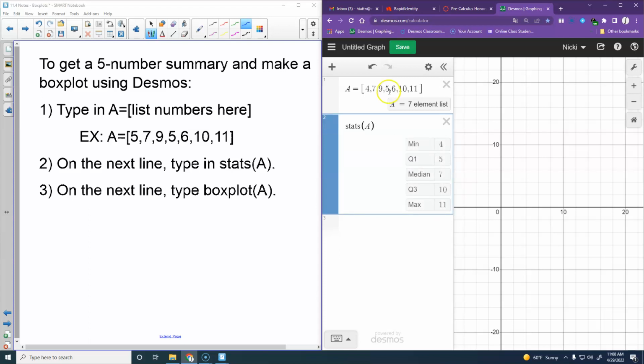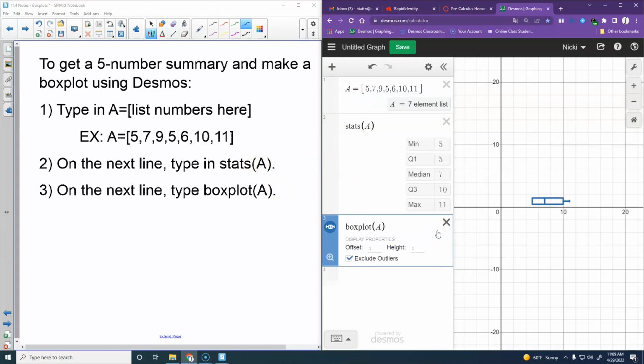And then in the next line, all you got to type is stats A. And then if we want it to do a box plot for us, box plot A as well.